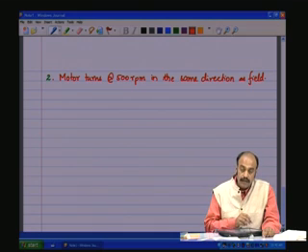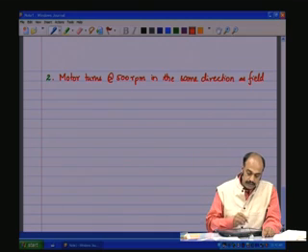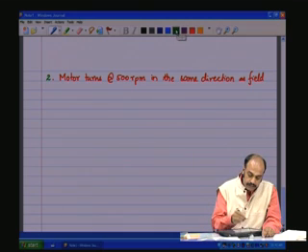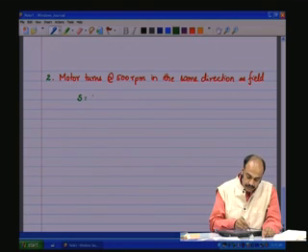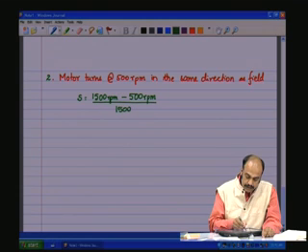So this is the second condition. Now here, what is the slip? Slip is 1500 rpm minus 500 rpm, divided by 1500 rpm.